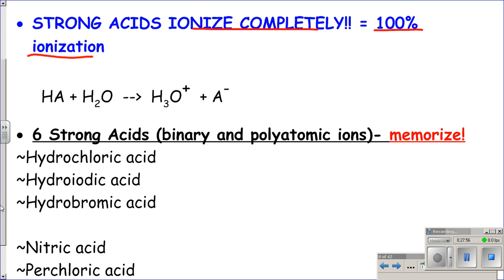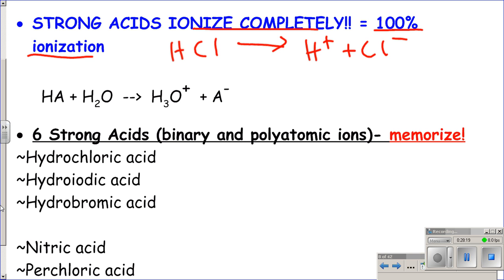Did you write that on your reading guide? Did you know what it meant? No? Okay, I got you. What does this mean? We'll do HCl. When HCl ionizes, I'm going to take water out of the situation for a minute. When it ionizes, it makes H+ and Cl-.